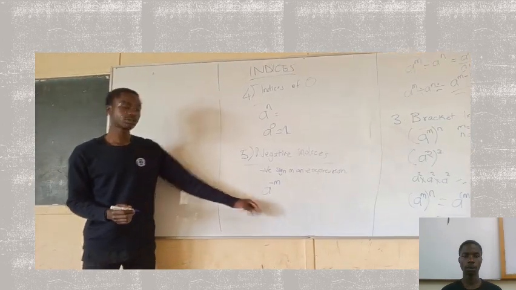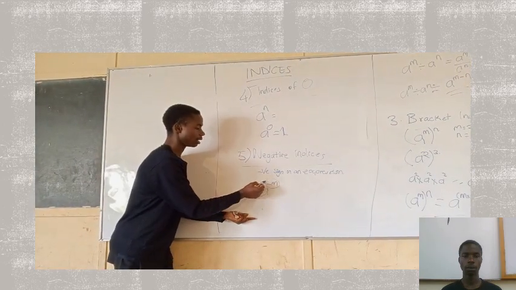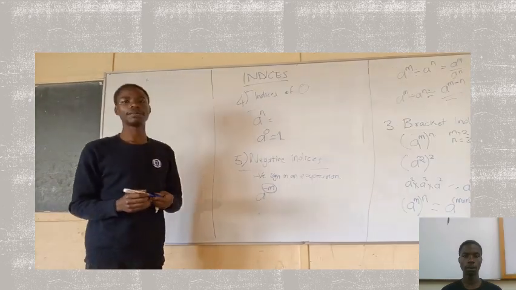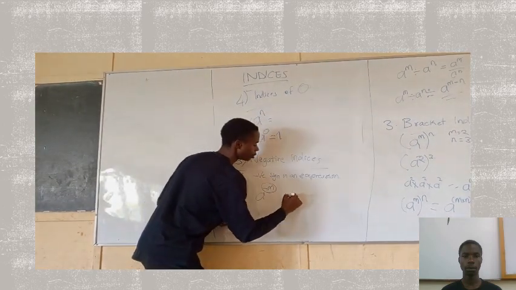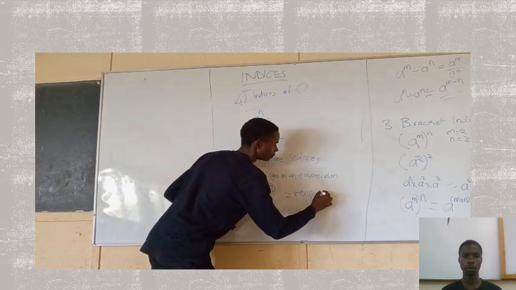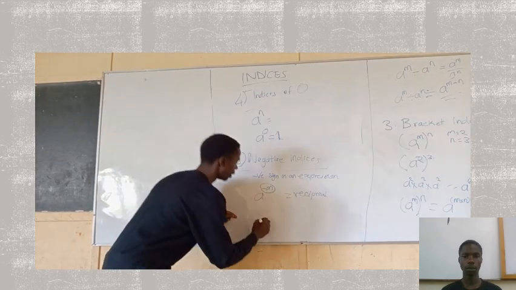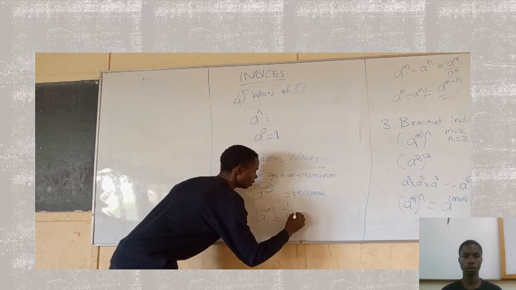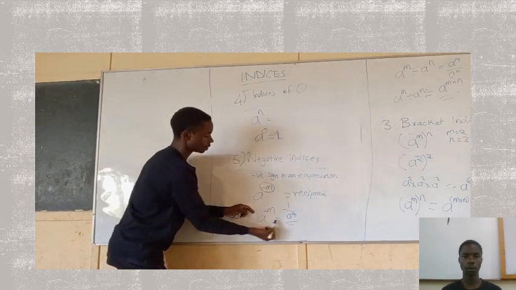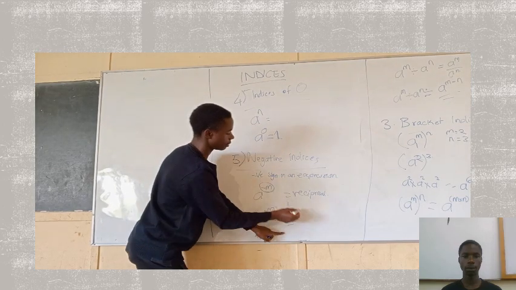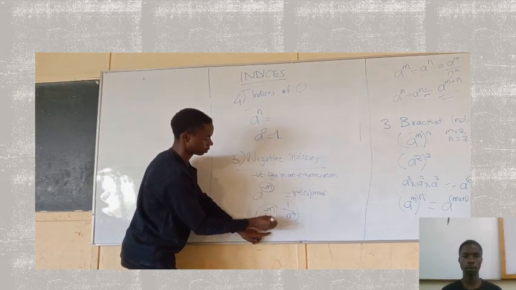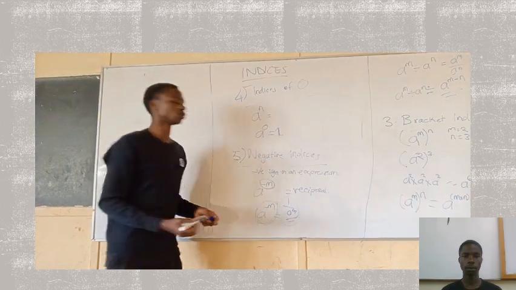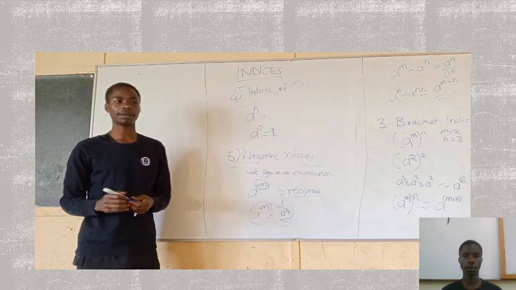Now, when we are talking about a number raised to negative power m, we usually say it is the reciprocal. For example, a^(-m) is 1 over a^m. To make this number positive, this expression is the reciprocal of this, using negative indices. So in short, negative indices usually show the reciprocal of numbers.